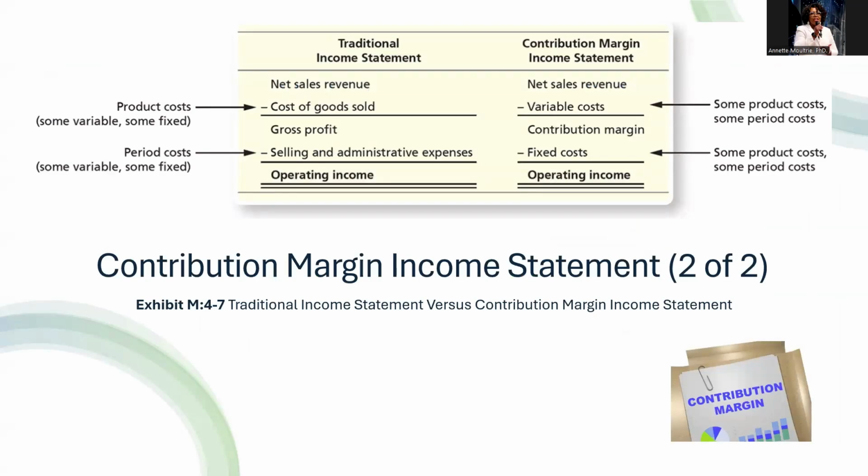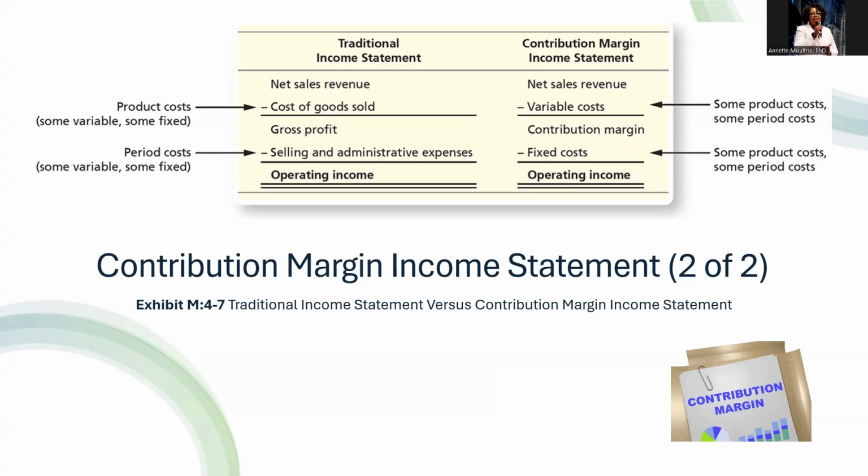A traditional income statement categorizes costs by function. They classify them as either product costs or period costs. Now, the product costs include expenses incurred during the process or production of goods. For the company Smart Touch Learning, which is a manufacturing company, these costs consist of direct materials, direct labor, and manufacturing overhead.